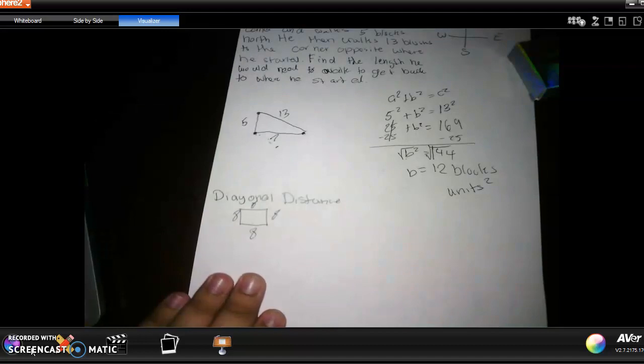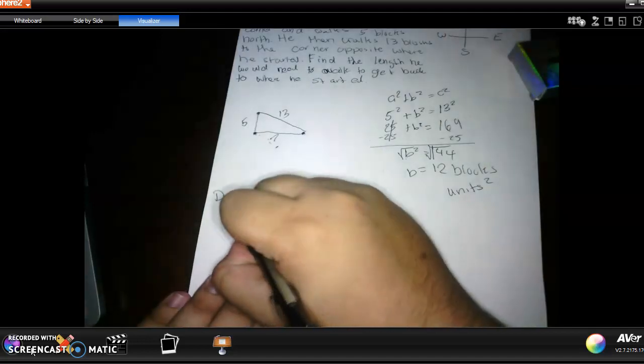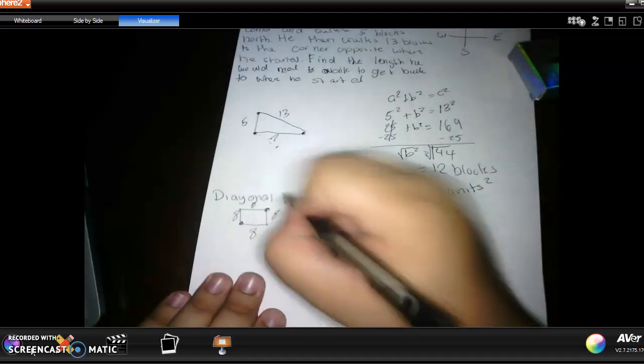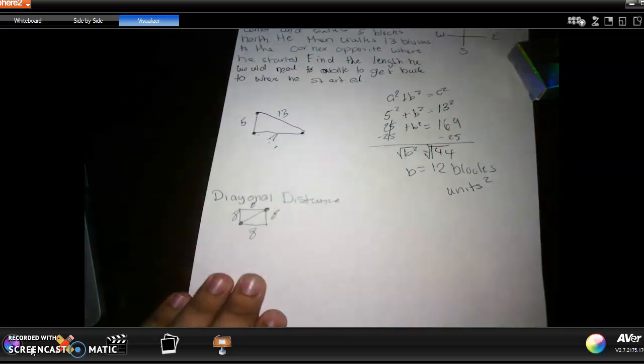If I said find a diagonal distance between 2 points on this square, from here to here, we're looking for this part right here. Look what happened when I cut that square and made a diagonal into it. I just cut this square into 2 triangles.